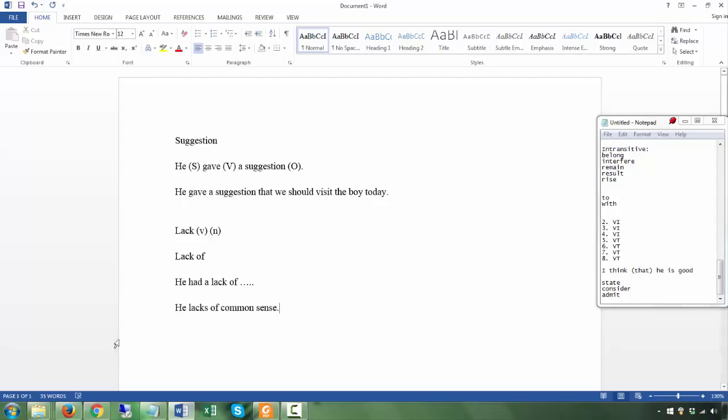So lack is used as a verb here because this is a subject, this is the verb. So it's correct, it's used as a verb, but it's used wrongly. But a lot of students will use lack of. Now, why will they use lack of, whether this lack is used as a verb or a noun? Most of my students will use lack of because lack of is a common phrase and you hear it a lot of times in many sentences with the word lack.